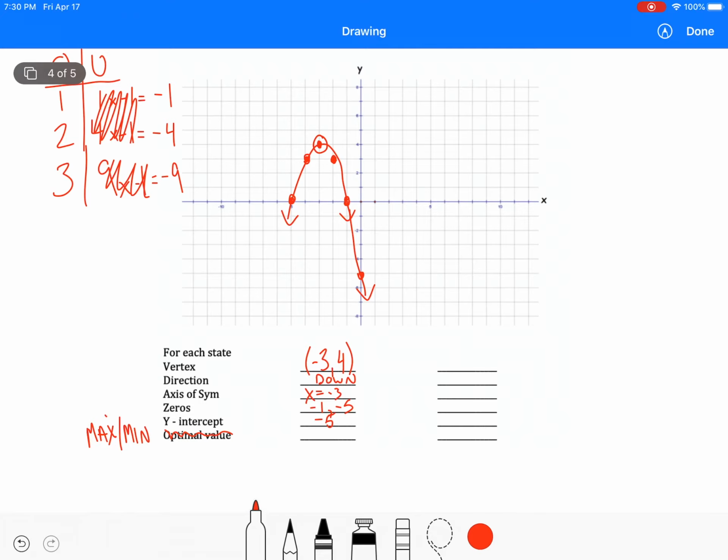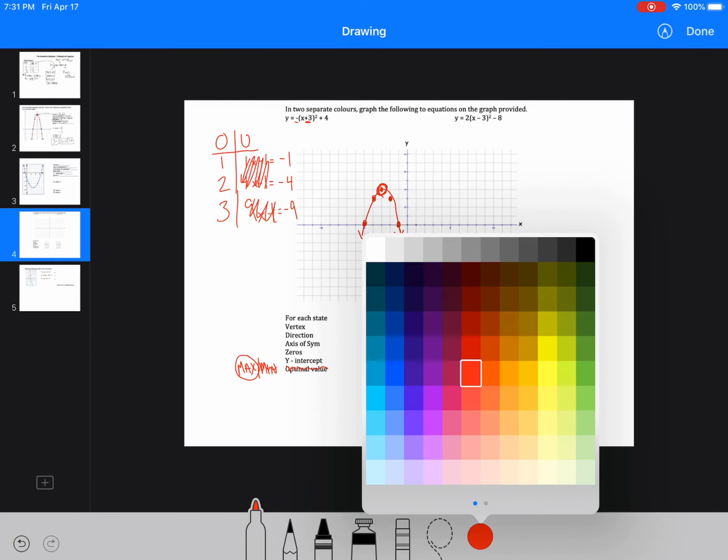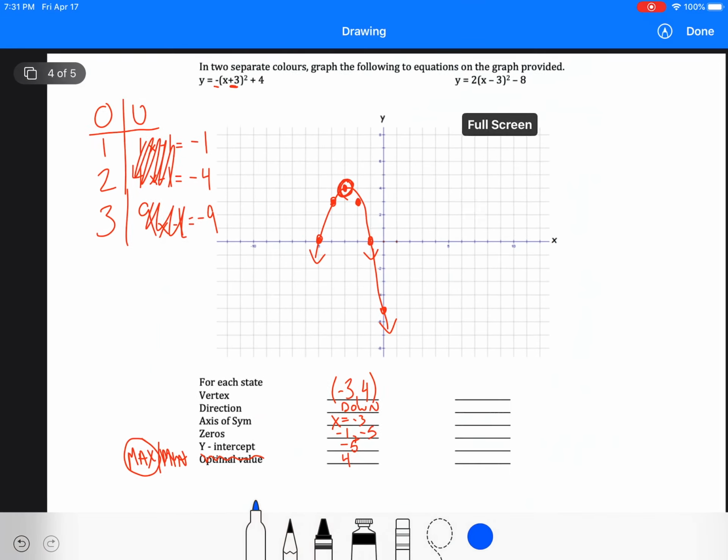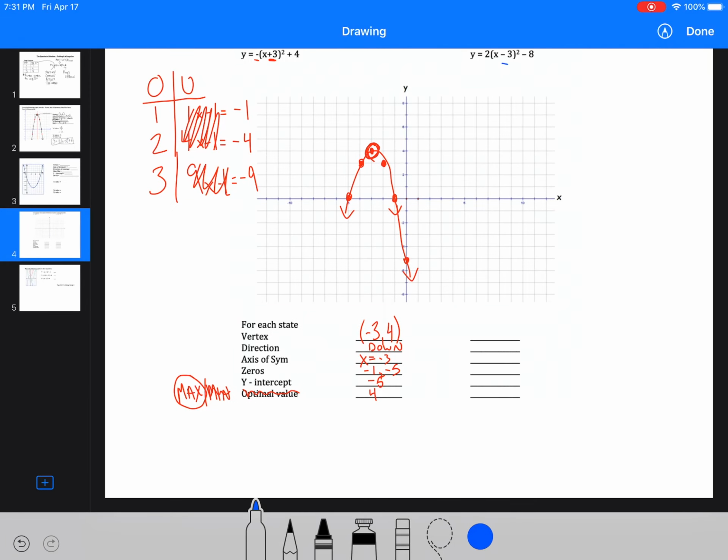Optimal value, we're going to just change that. Optimal value is max or min. So in this case, it's a maximum, okay, because it's the top of the graph. So that's the maximum value. It's the highest it can get, and it's a maximum value of 4.